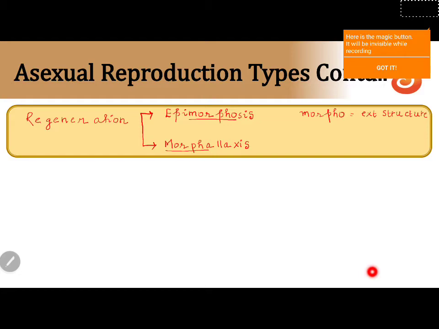Now in case of epimorphosis, epi means above, morpho means structure, osis means process. The name says the process of structure above. Here the organism will regenerate the lost part.